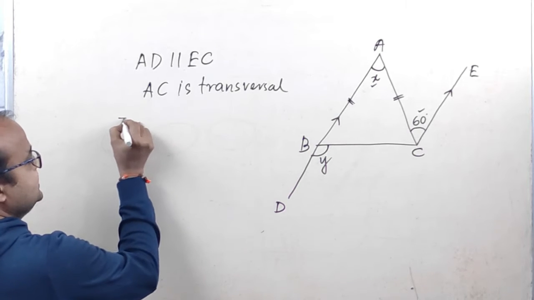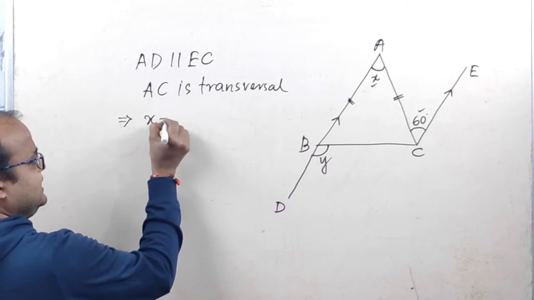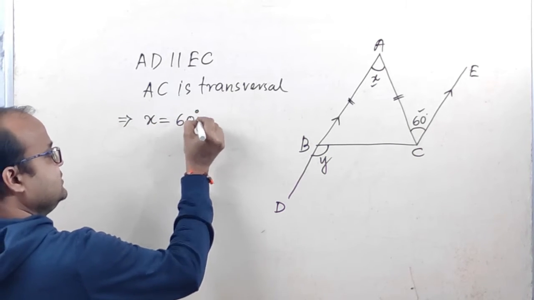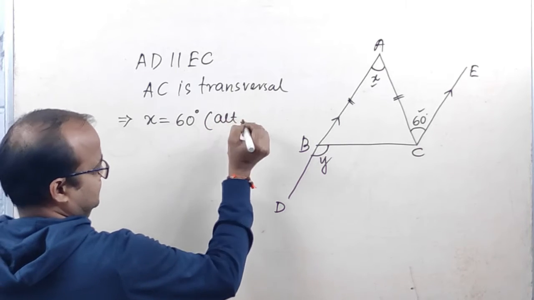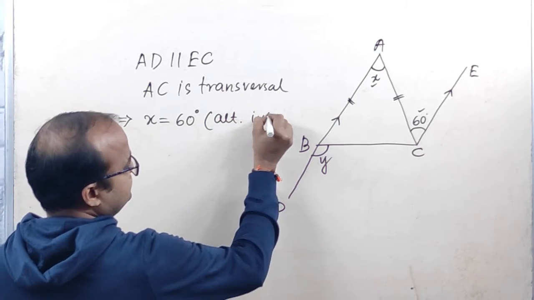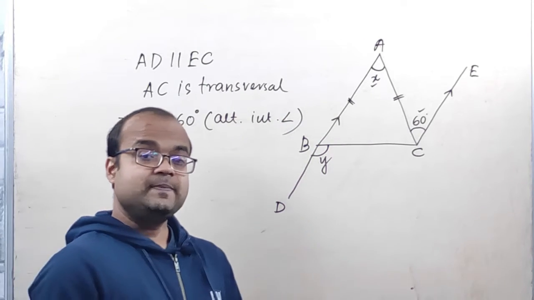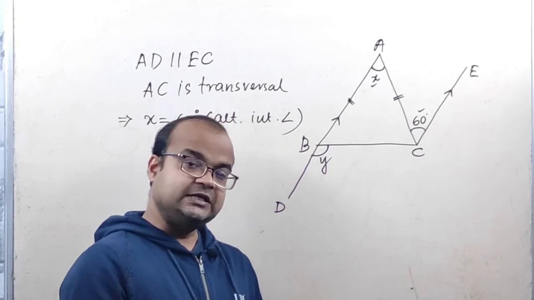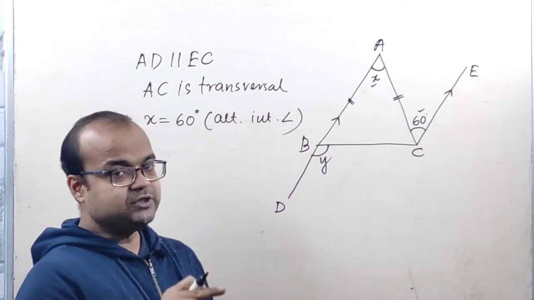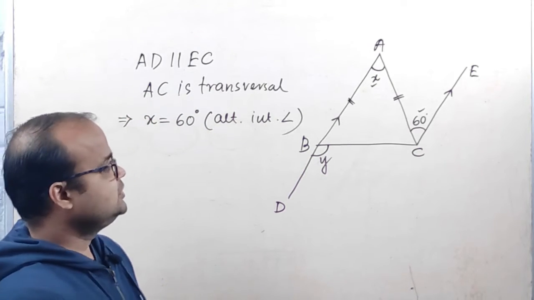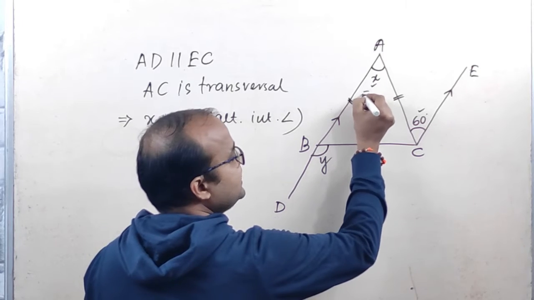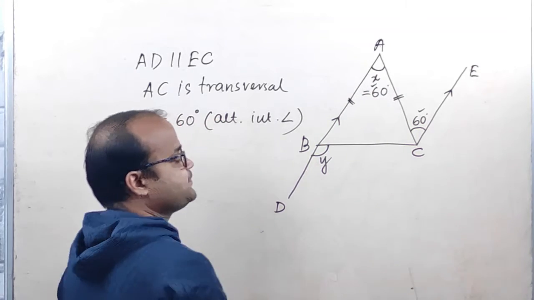So we can say that x equals to 60 degree because they are alternate interior angles, and we know that alternate interior angles are equal if the lines are parallel to each other. So x equals to 60 degree.